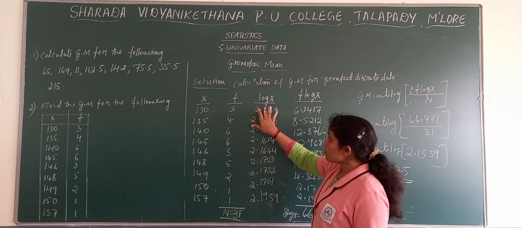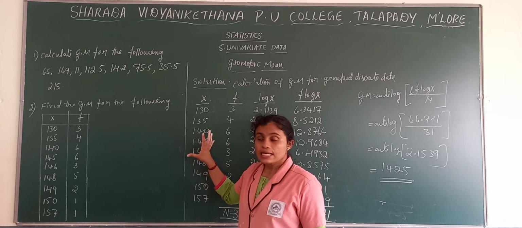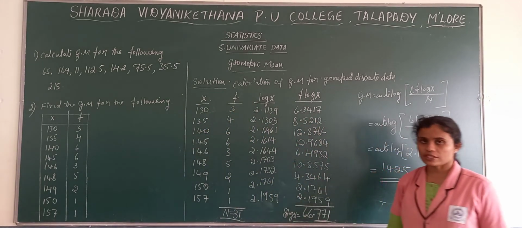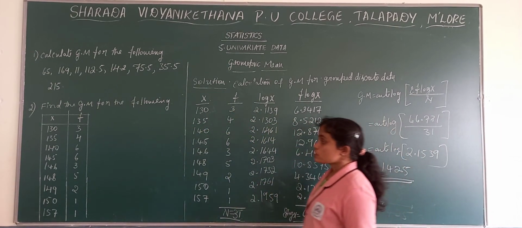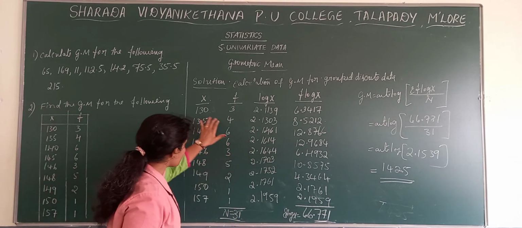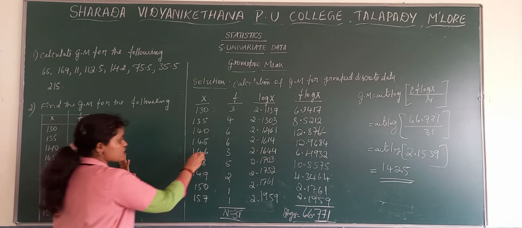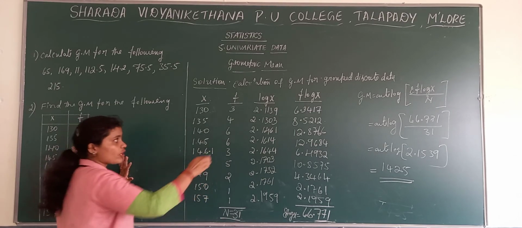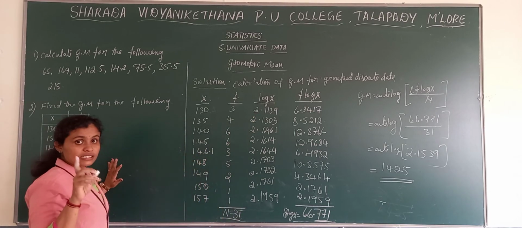In case of discrete, first you need to find out the log of x. Then you have to multiply with frequencies. Now, how to see the log? When you see the log, first we need to write the characteristics based on the digit. If we get a decimal point, we are not considering it while writing the characteristics.